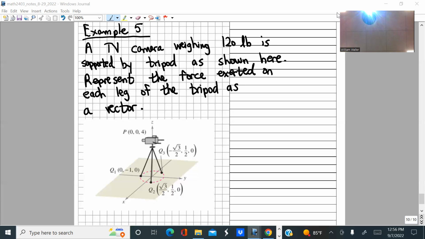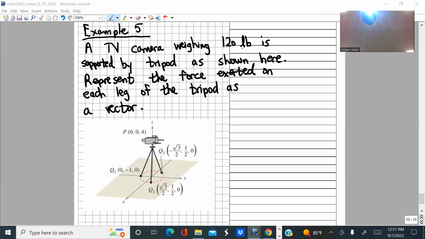Now they have conveniently situated that tripod in 3-dimensional space to make it easier to think about the problem. And so what we want to know is, obviously there's a downward force being exerted on the tripod, correct? Because the tripod has to hold the camera. Gravity is pulling the camera down with a force of 120 pounds.